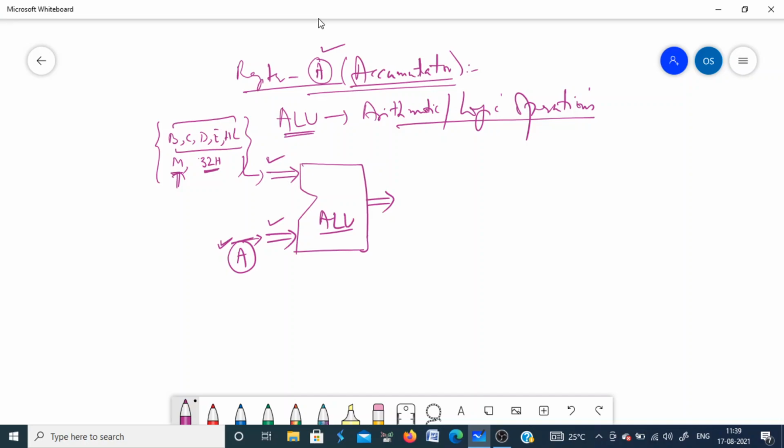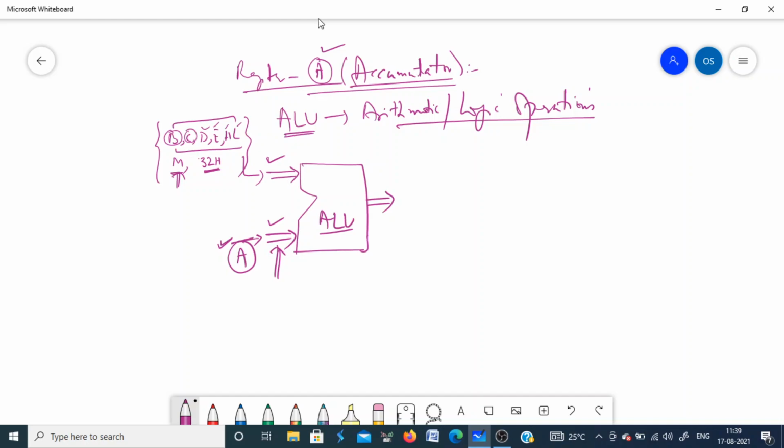So one of the operands has to be A. One input is fixed to the ALU. The other input can come from register B, C, D, E, H or L, or from some memory location, or you can directly supply an 8-bit number for performing the arithmetic operation. This is the significance of register A.